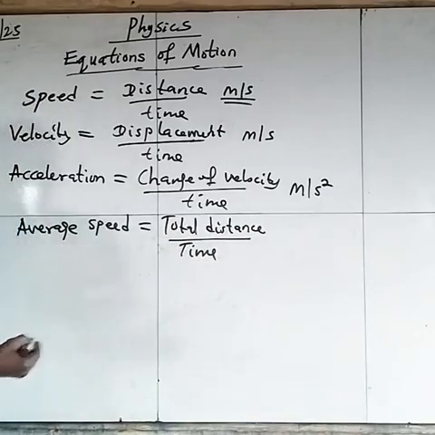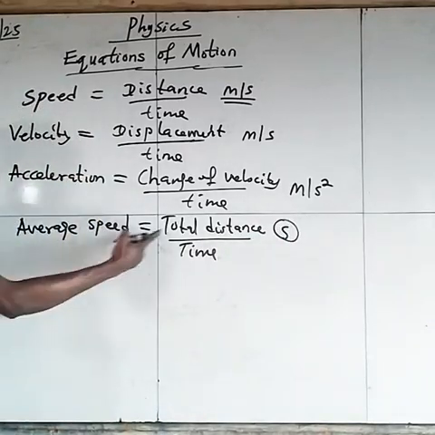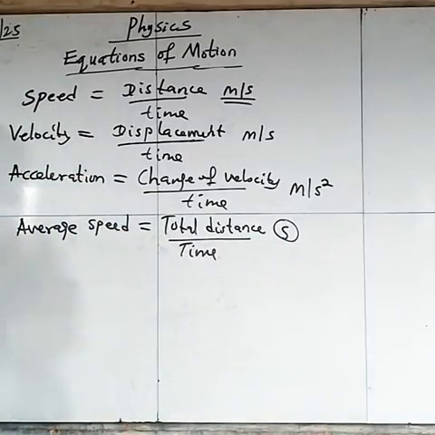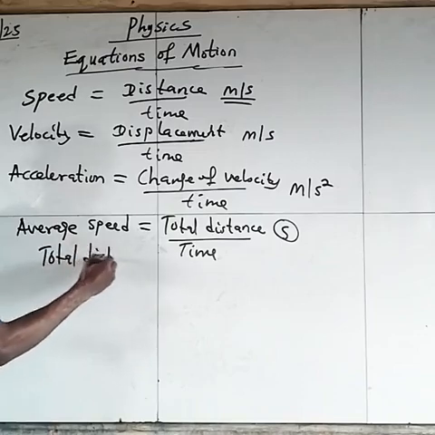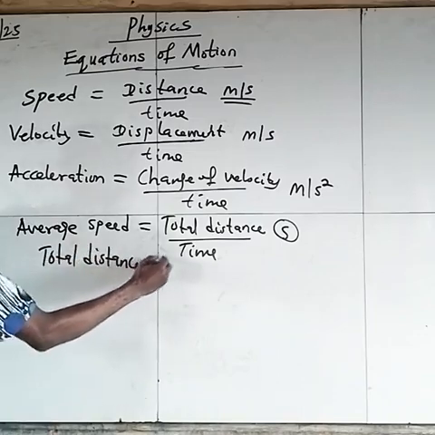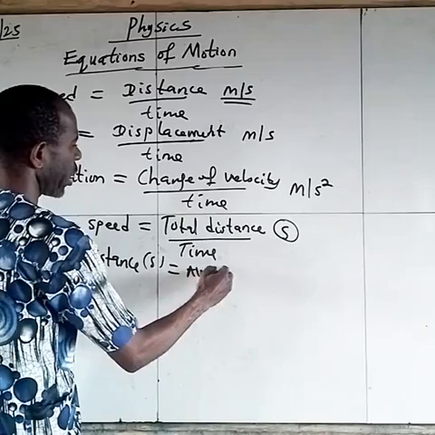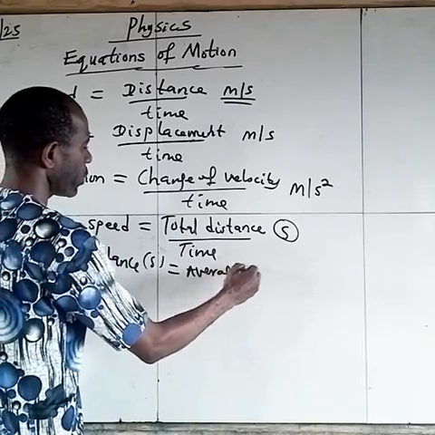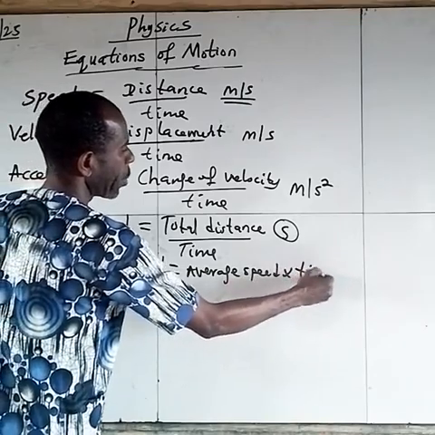And this total distance is represented by S. Let's make it a solid formula. Just cross multiply. So we have total distance S equal to average speed, or velocity, times your time.